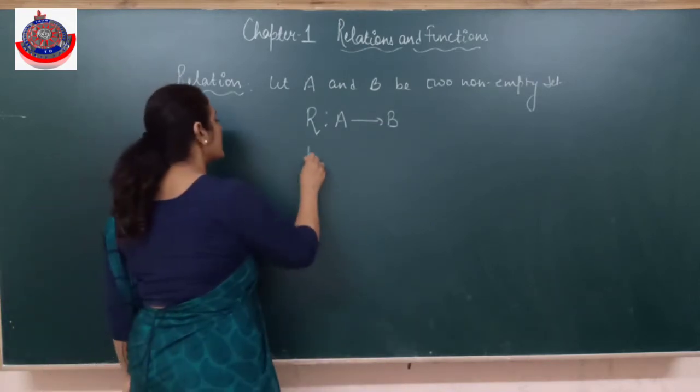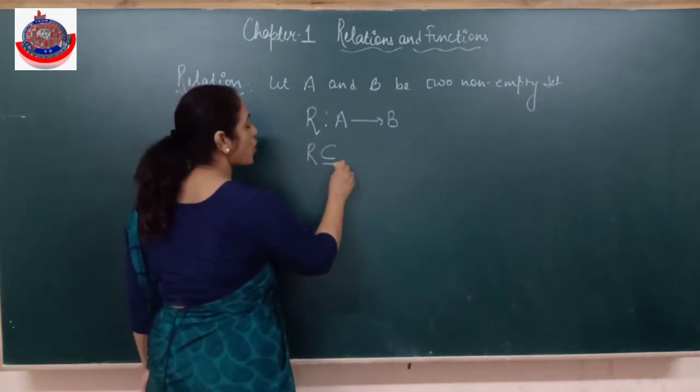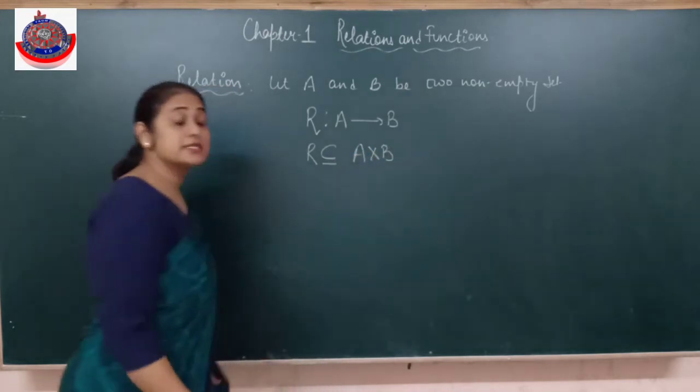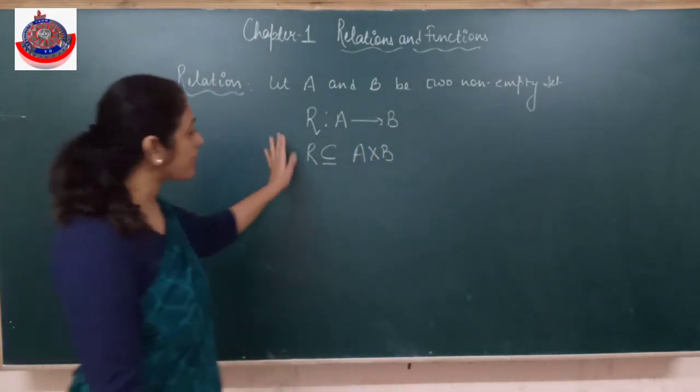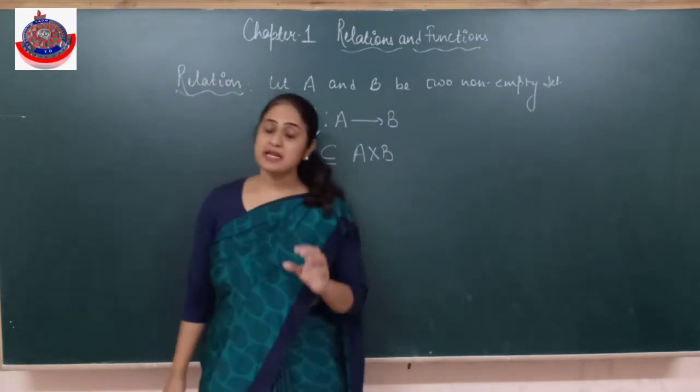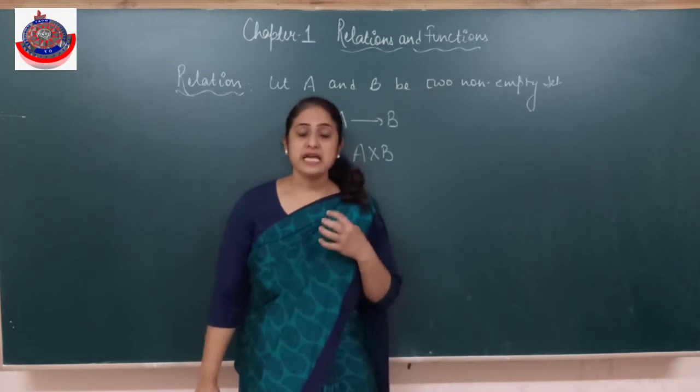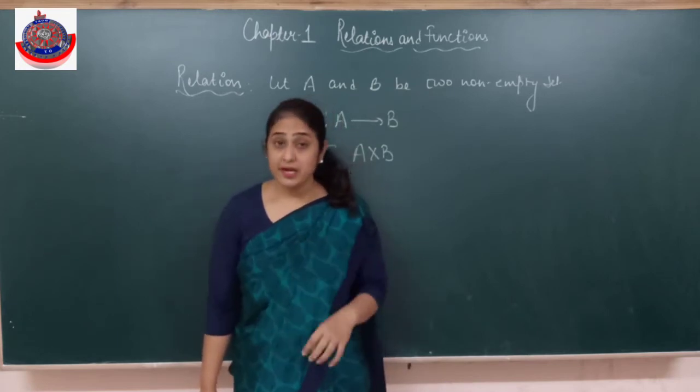What is R? R is a subset of the Cartesian product. That means from the Cartesian product I have to pick up those ordered pairs which satisfy the given relation.